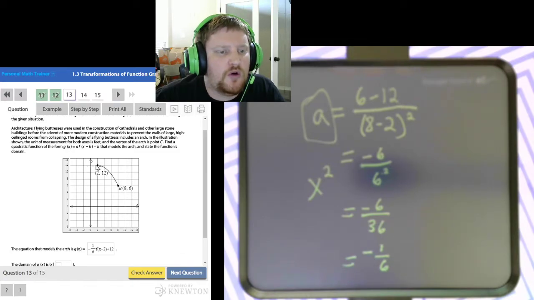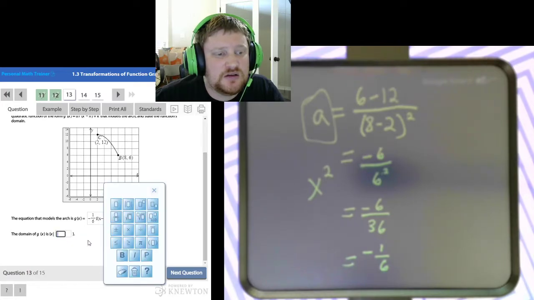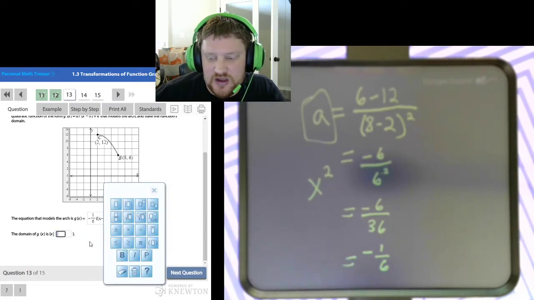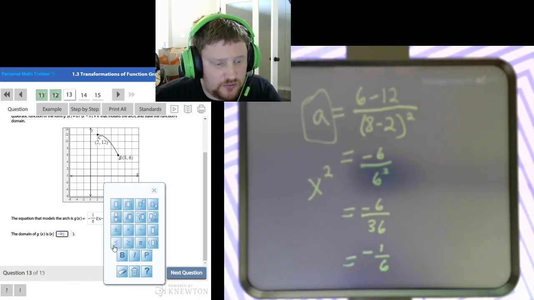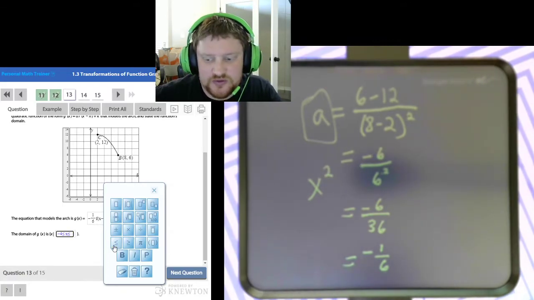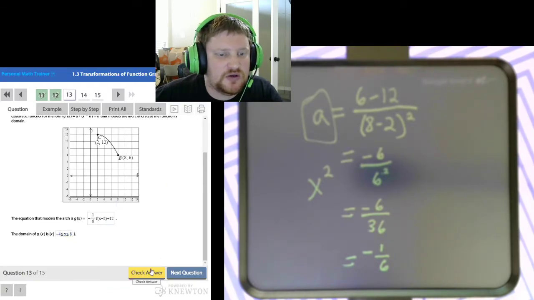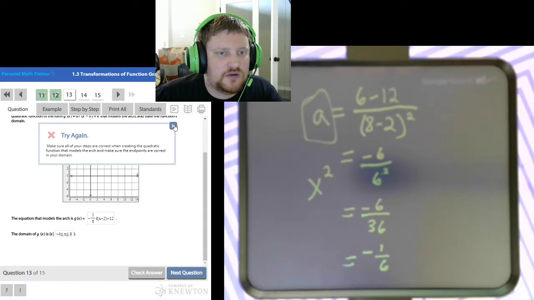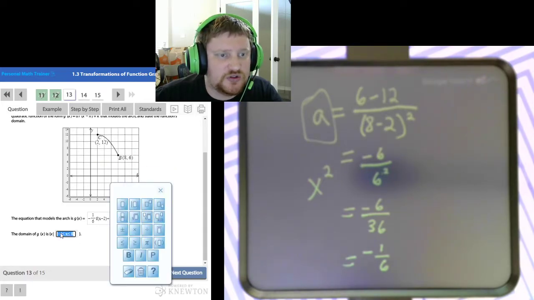Because if they want the whole arch, then we're moving 6 this way, meaning we'd have to move 6 this way. So that would be negative 4 to 8. I'm going to go with that. Negative 4 is less than or equal to x is less than or equal to 8. Keep in mind that this is set notation that they've asked us to do it in. Okay, no. So they just want the values that they've come from, which is 2 to 8.